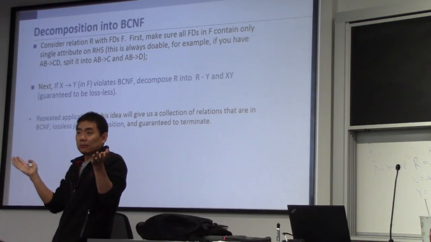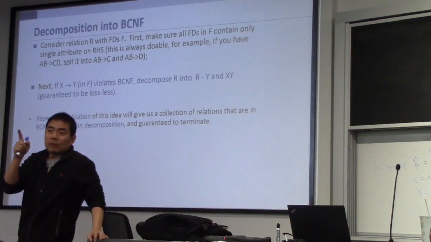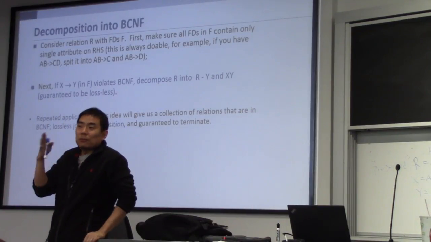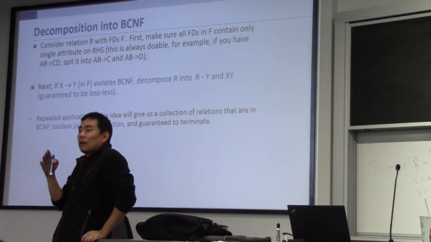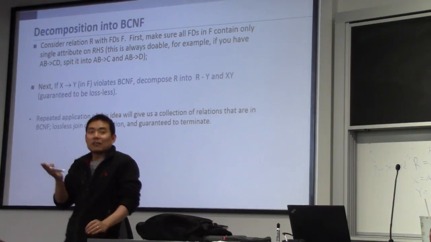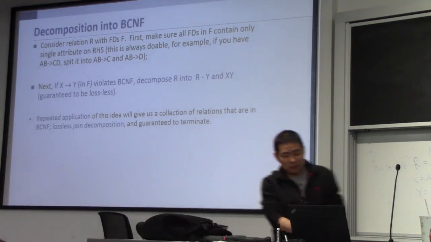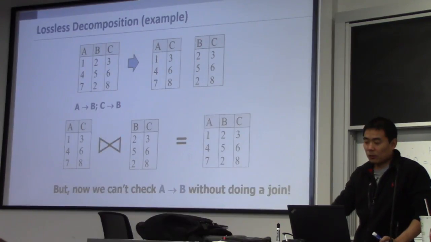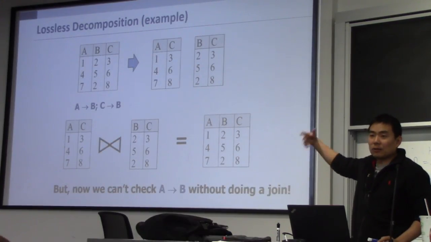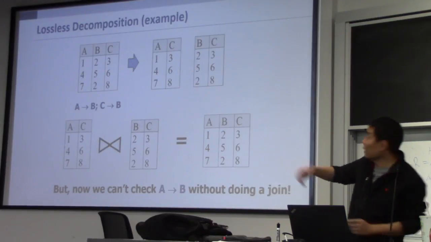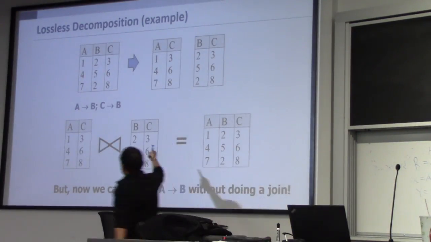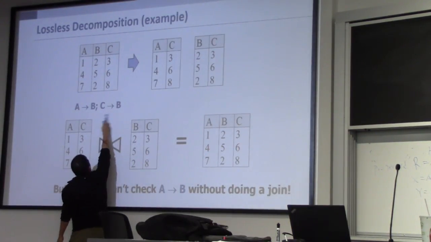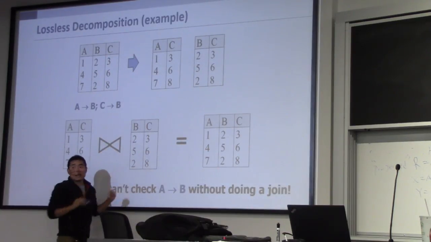Very simple algorithm. There is a catch though. At the end of the day, if you keep doing this, is this dependency preserving? Well, we know this is not, right? Because you don't have to go further. Just look at this example. You can argue that this is the effect of using that lemma. I find this dependency that's part of the BCNF, so I use the lemma and decompose that into that.